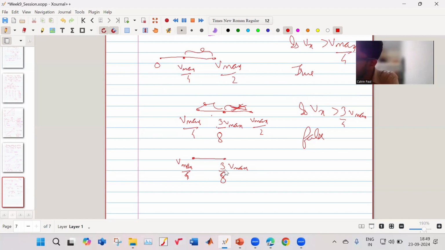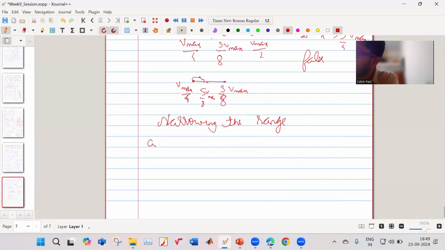So this will actually be 5 by 8 Vmax. Then I have to check again in which range. So in this way, I'm narrowing the range, and then I will determine what is the applied voltage.